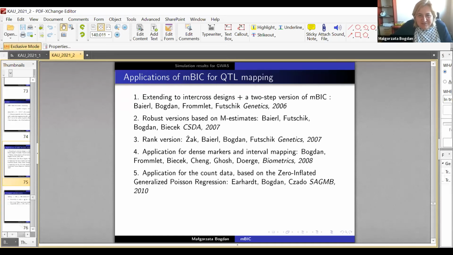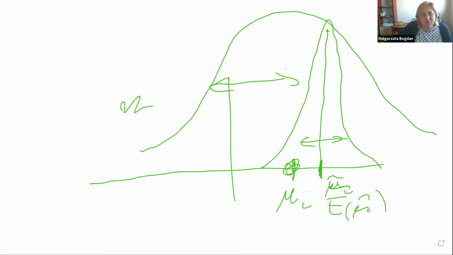I'm not sure. You see, I have to go back to my whiteboard. Do you see my whiteboard? Not yet. You don't see my whiteboard. Okay, so I have to stop sharing and start sharing again.